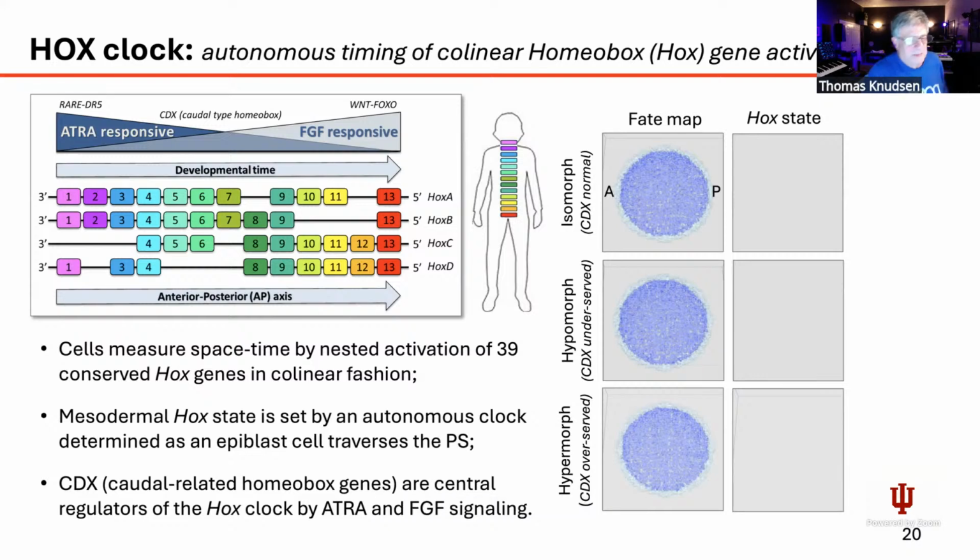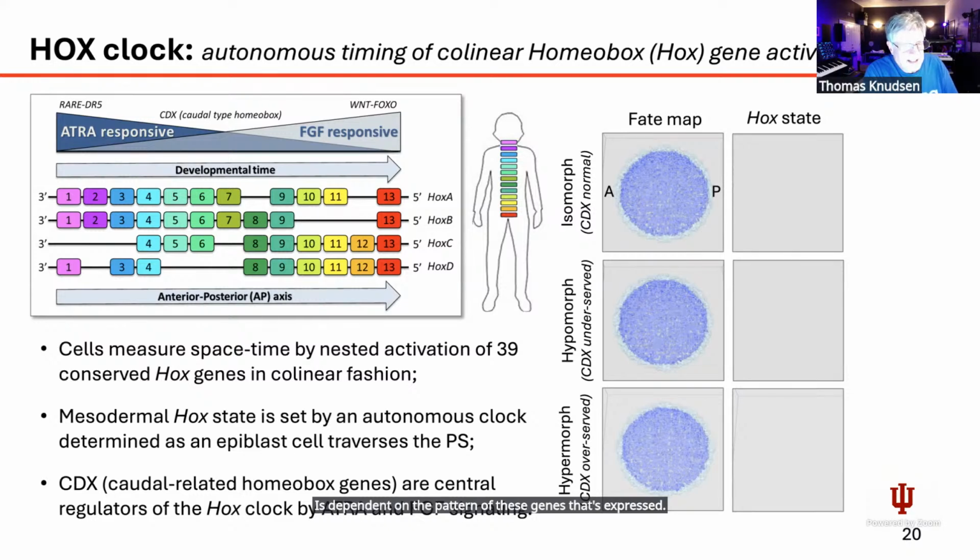anterior posterior positioning. And cells are actually measuring time in the epiblast and its derivatives by the activation of the combination of 39 homeobox genes. And the address of each cell is dependent on the pattern of these genes that's expressed.